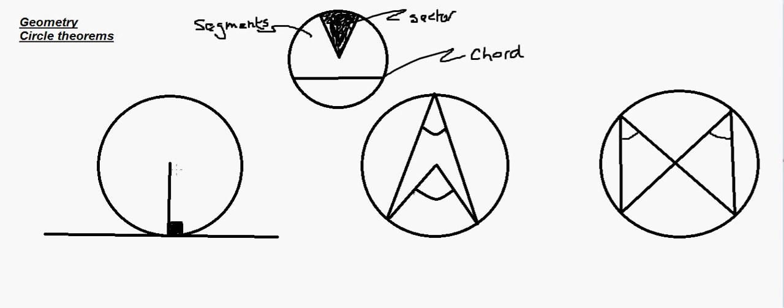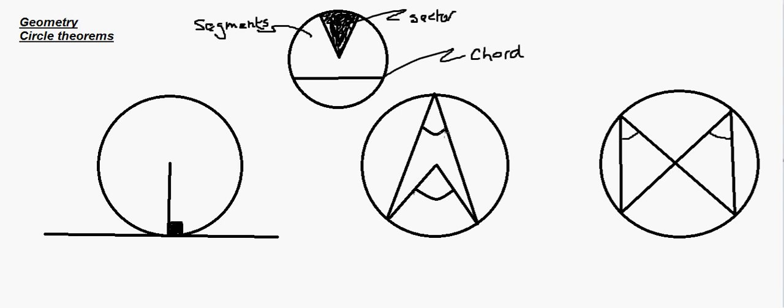Any line that is a tangent to the circle will always meet the radius at a right angle. This makes common sense when you think that there are an infinite number of radii. So if a tangent is touching a circle, it will meet one of the radii at a right angle. So that's nice and simple.